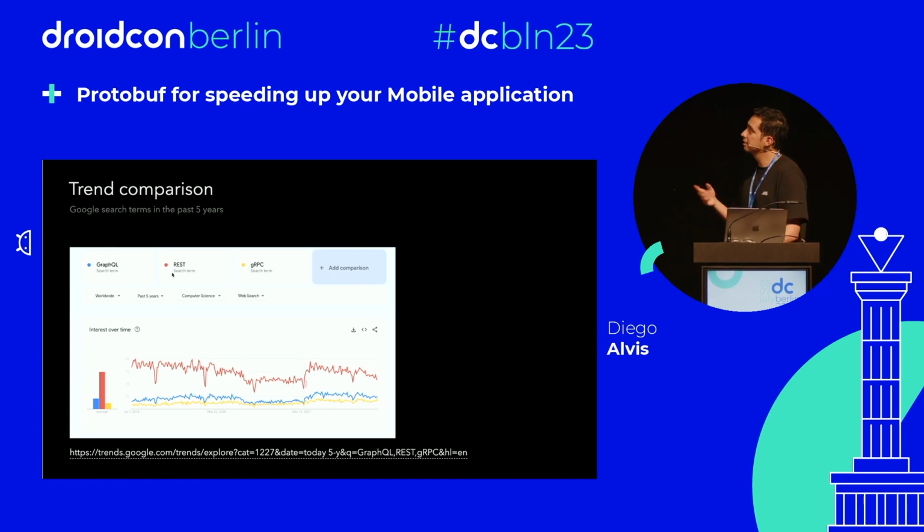So REST is still the dominant one, and we have also GraphQL, and as you can see, gRPC is not as popular as both of them. This is something that is worth mentioning. It was extremely hard to find documentation, by the way, especially for mobile, because it's very applicable for server to server, but server to mobile, it's a little bit more rare in the things that I found.